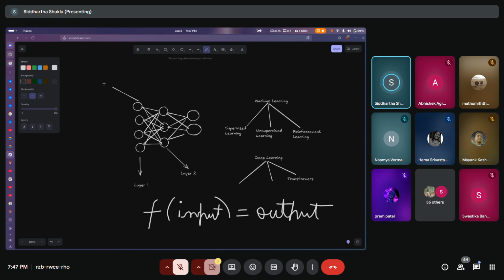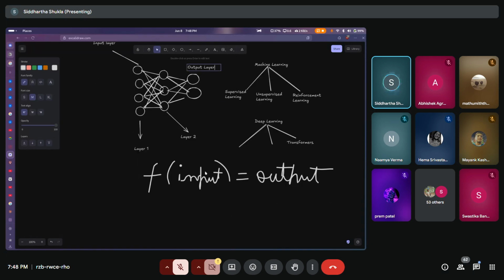So this right here is the input layer, and the rightmost layer is the output layer. A neural network is basically just a function that maps an input to an output.